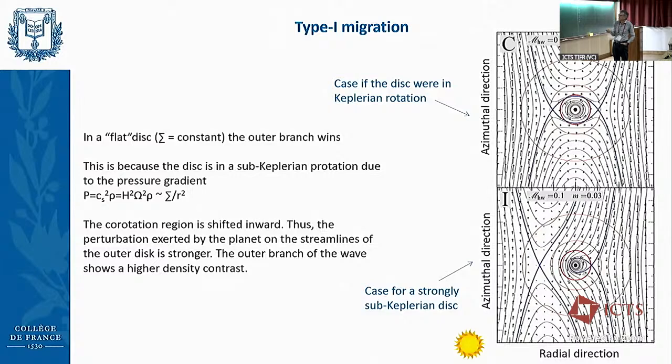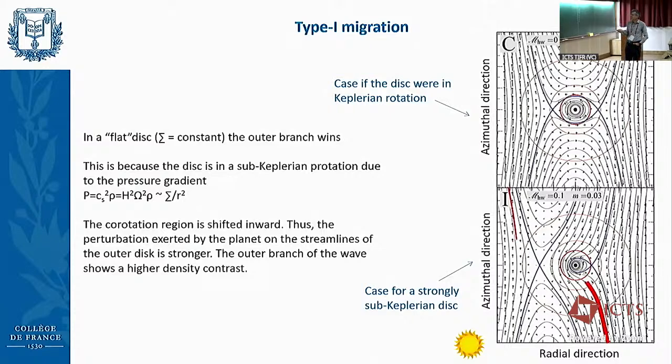You have to be a little bit closer to the star. And so at the planet location, there is a net flux of gas that goes in this way. The gas moving upwards is much further from the planet than the gas moving downwards, which means that the interaction with the planet is much stronger for the gas going downward than for the gas going upward.